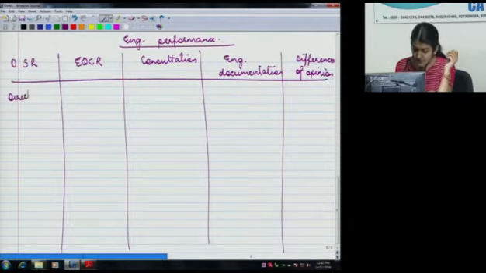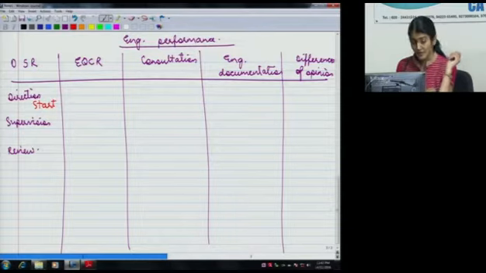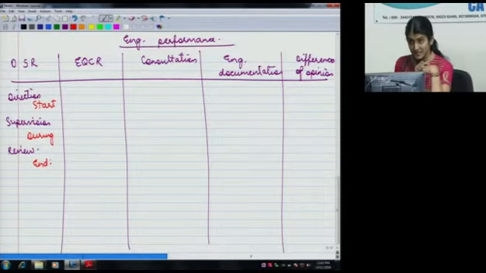It is talking about direction, supervision and review. Direction towards the start of the engagement, supervision during the engagement and review towards the end of the engagement.